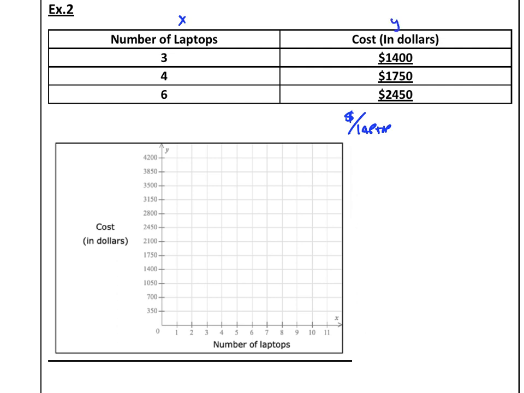Okay, and so our first one is the ordered pair of 1 and 1400. Okay, so we're going to have 3 and 1400. And then we're going to have 4 and 1750. So there's 4 and 1750. And 6 and 2450.